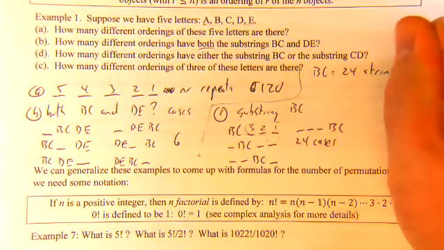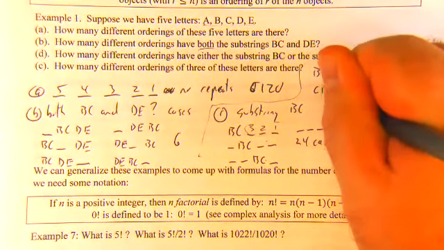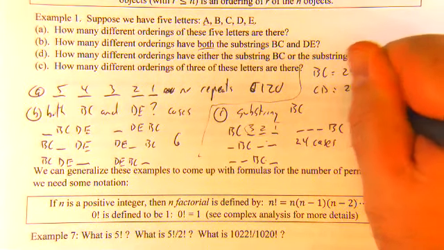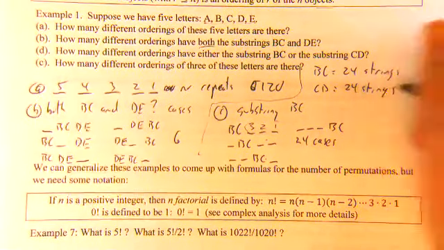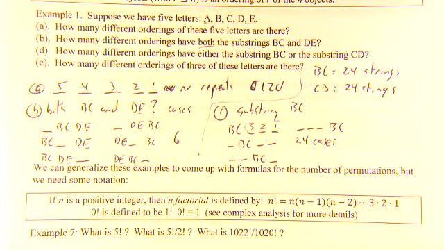So 24 strings have BC in them. 24 strings, same analysis, gives you CD. 2 different cases. What do you have to be careful about when you're doing those cases? What's the overlap? How many strings have both BC and CD?